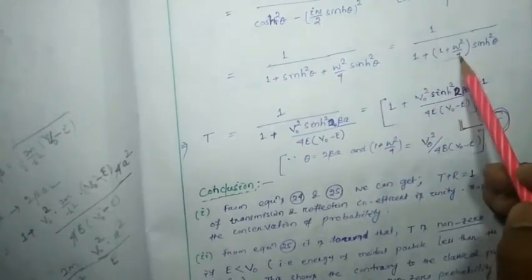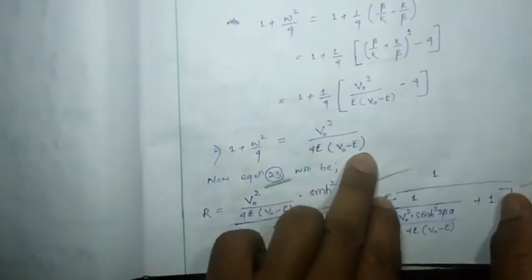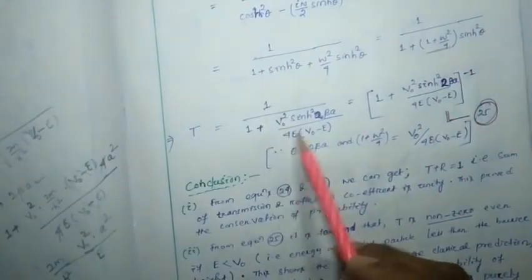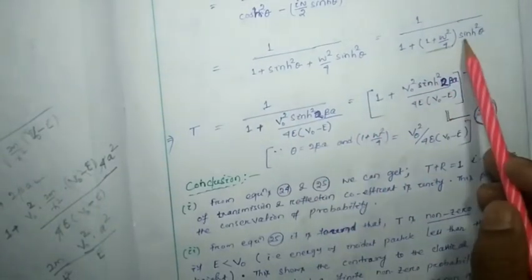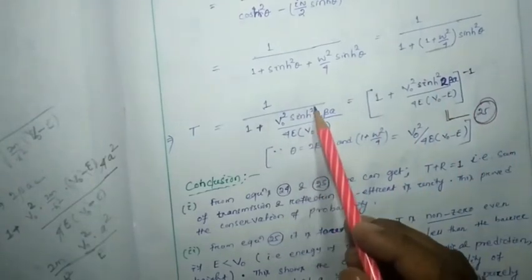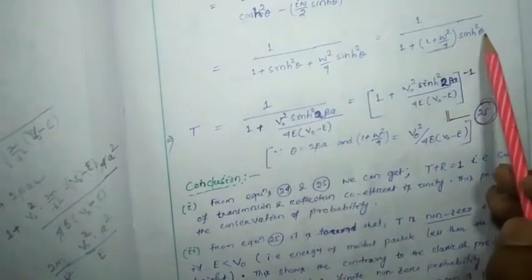Check it, 1 plus omega square by 4 is nothing but V0 square by 4E into V0 minus E. So instead of 1 plus omega square by 4 we write V0 square by 4E into V0 minus E, and sinh square theta is sinh square, with 2 beta a instead of theta.